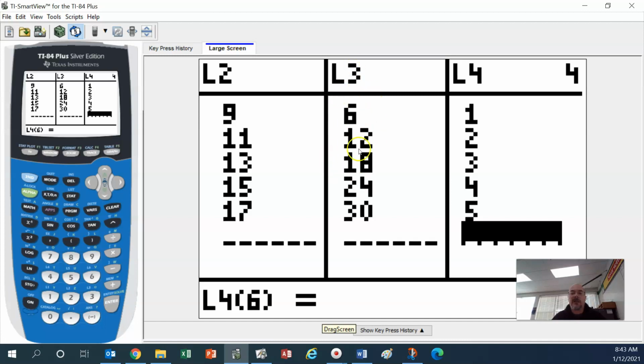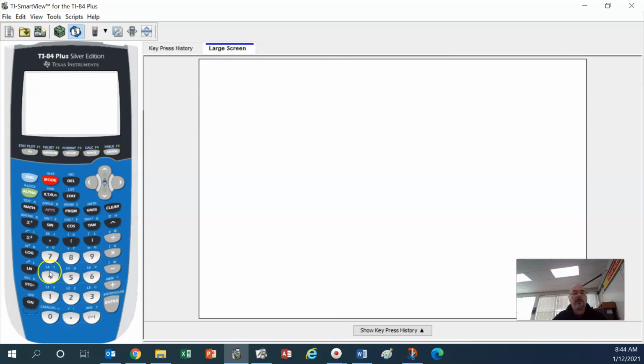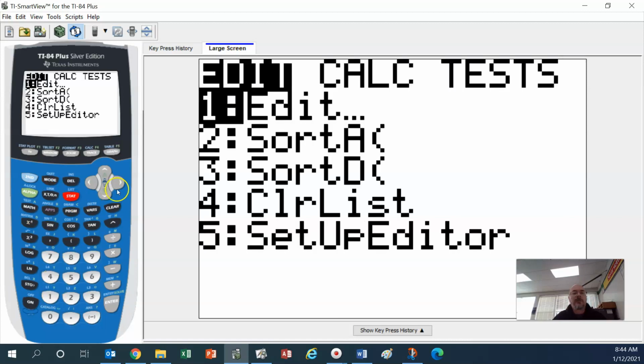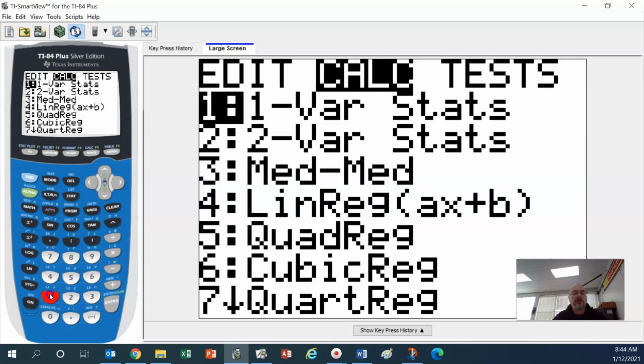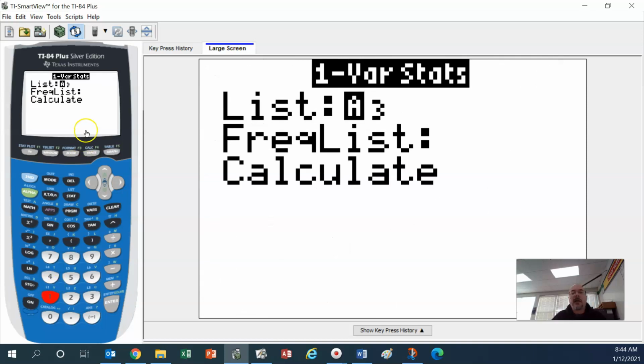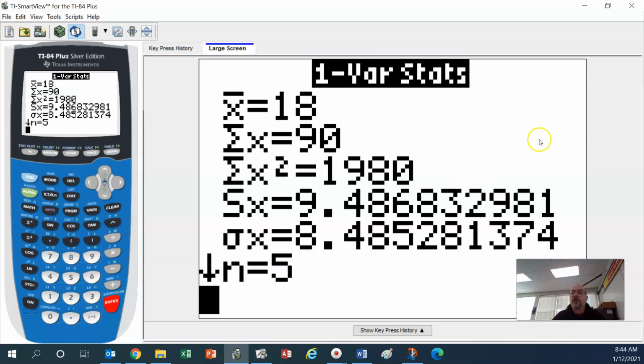So I'm going to go ahead and quit. There we go. I'm going to go stat, calculate, number 1. And again, I've got the tripling, multiplying by 3, in list number 3. So I'm going to go ahead and find out what this says.